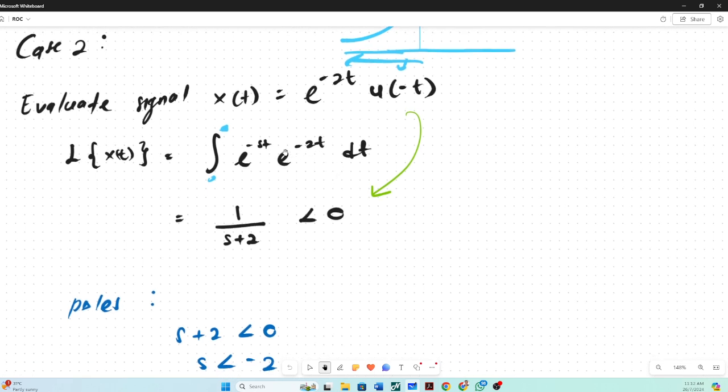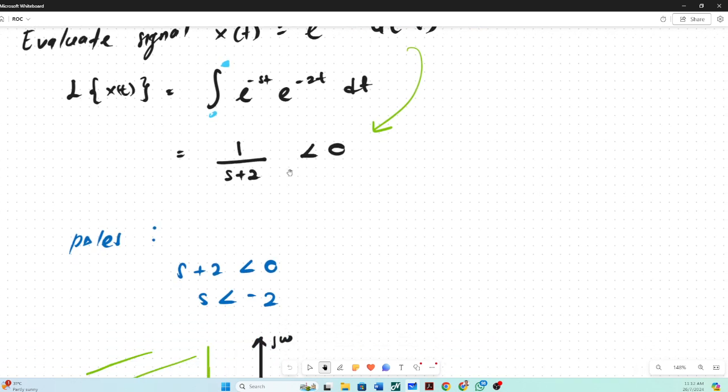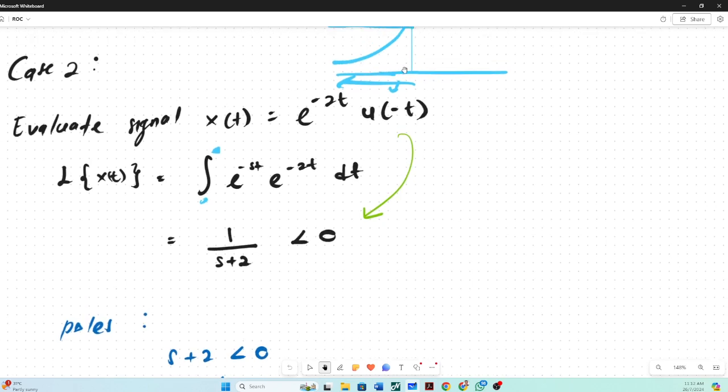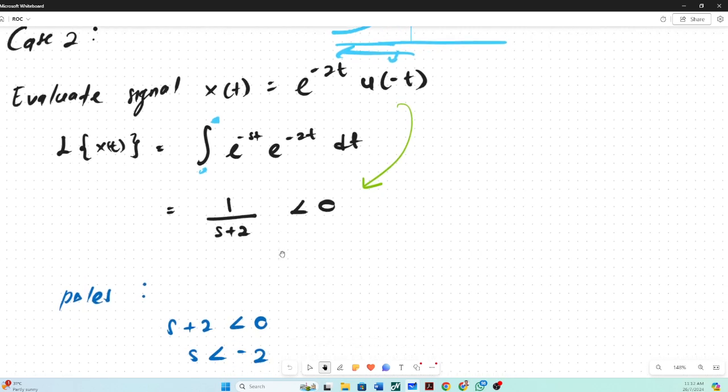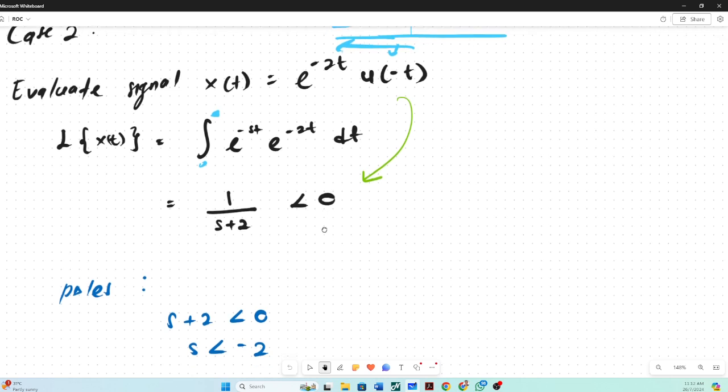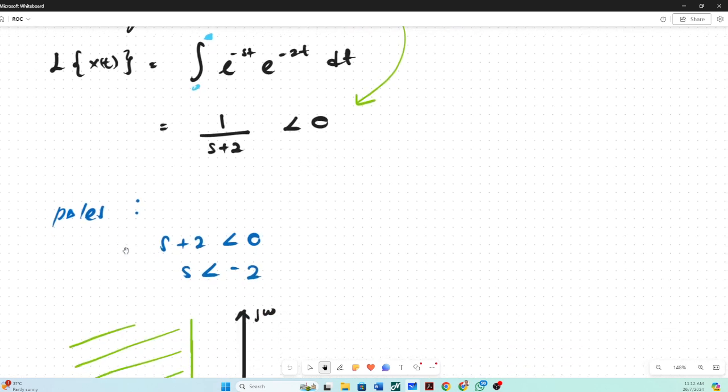After the conversion, we get the result 1 over s plus 2. Because our signal is at the left side, this system only happens when t is less than 0. By taking the pole, we can say s plus 2 is less than 0, so s is less than minus 2 when we bring the 2 to the right side.